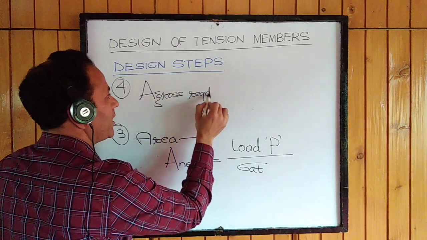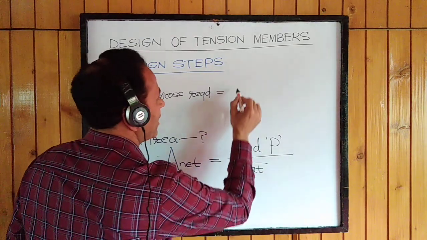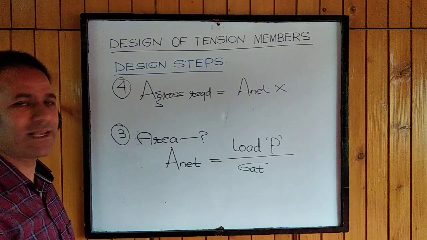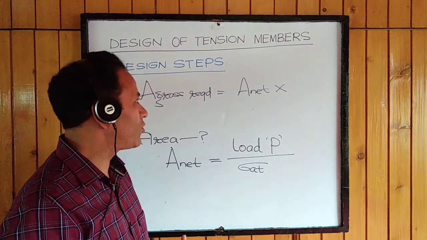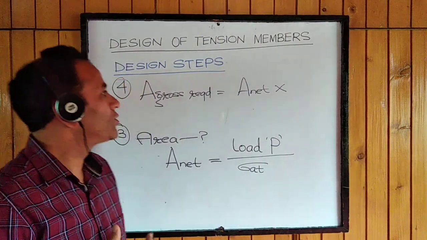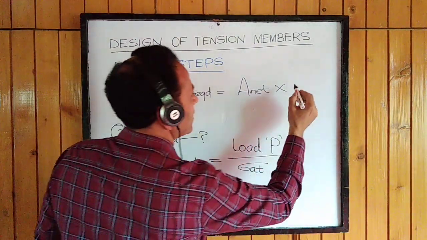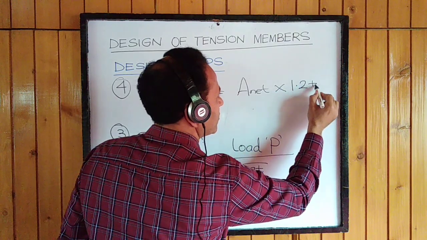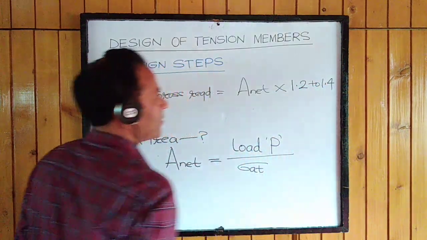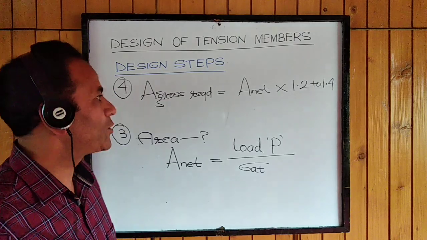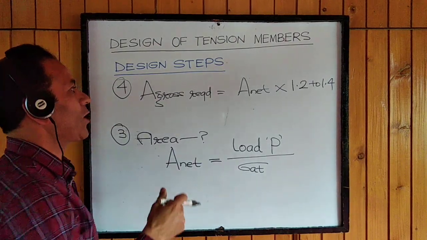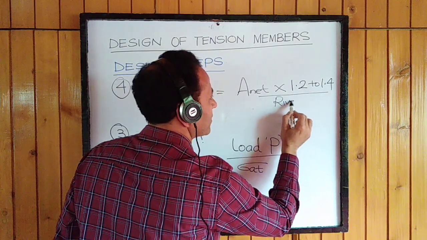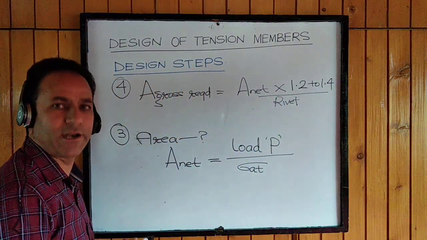Gross area required shall be net area enhanced by a certain percentage because we actually do not know the exact figure this time. We increase the net area by 20 to 40% to calculate the gross area. This is in case of a riveted connection, if rivets are provided for the end connection.